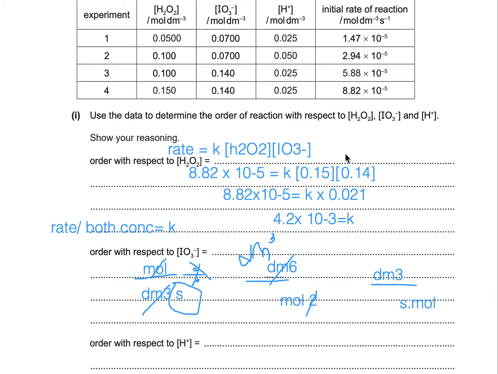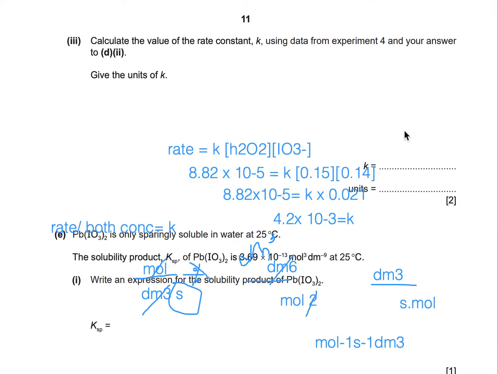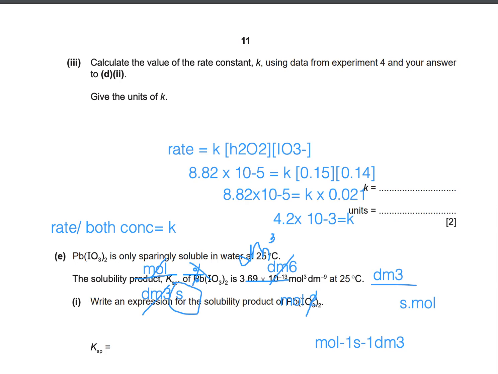If I need to write it in the form like this one, we write mole minus 1 dm cube per second. That's how you write it. I hope you understood it. Moving on to the next question, let me see if I need this. No, we don't, so let me erase this.